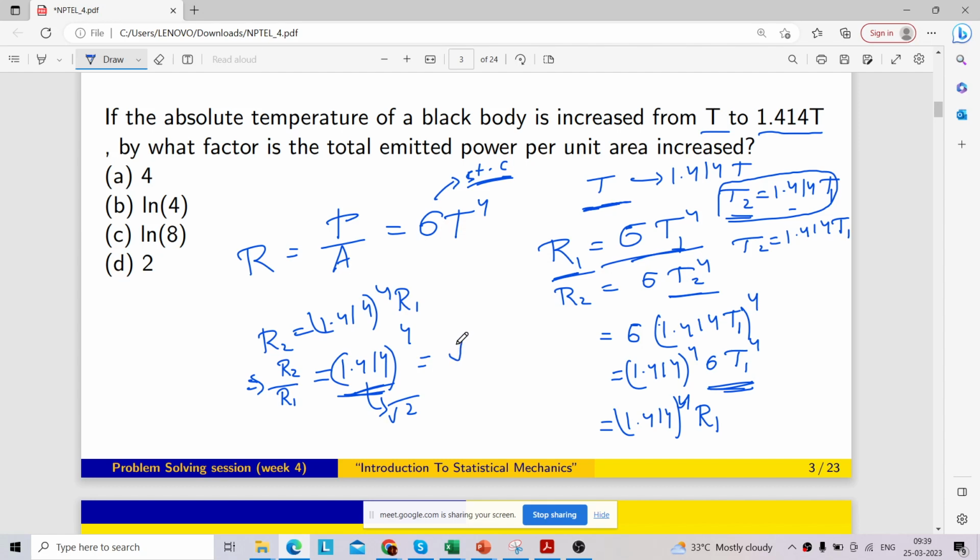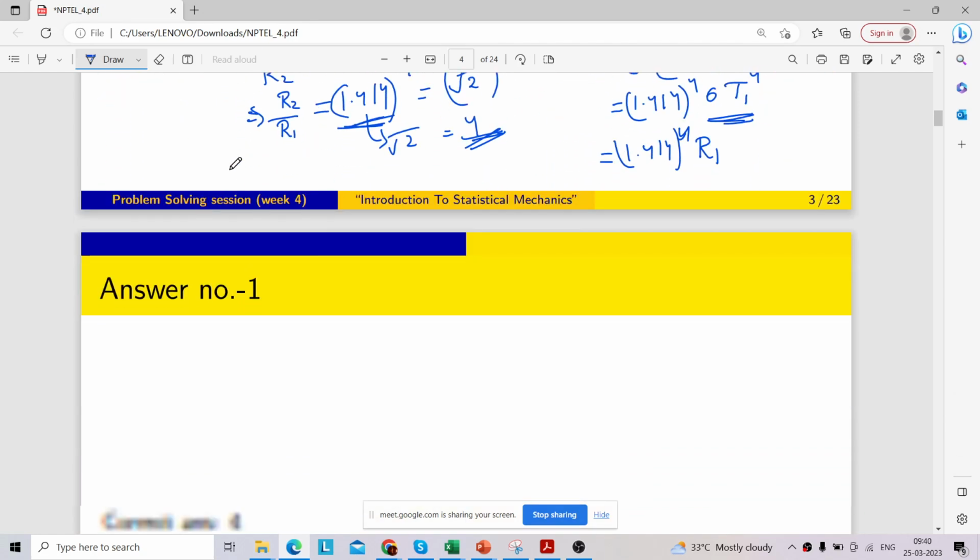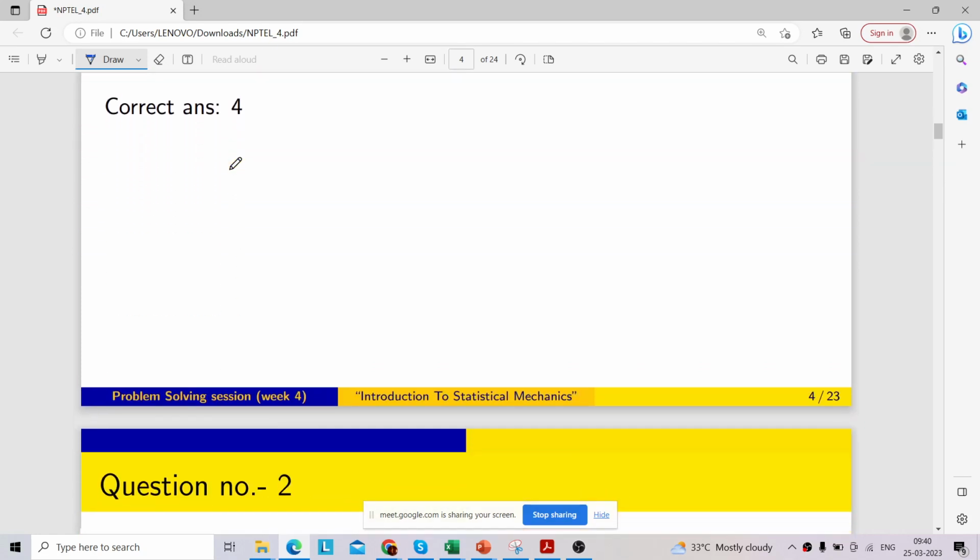So this will be root 2 to the power 4, which is 4. So the power will increase by 4-fold from the initial power. So the correct answer is the first one. Okay.